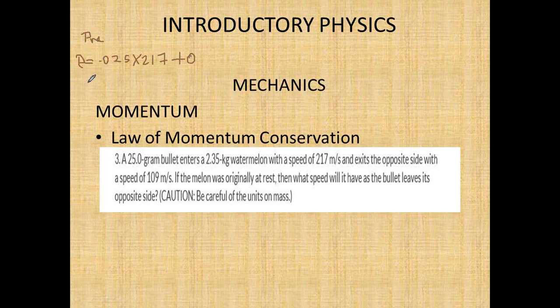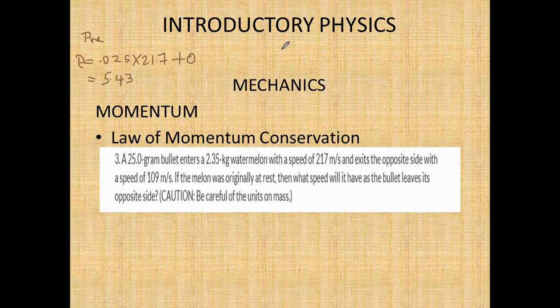So the pre-collision momentum is 0.025 times 217. And when you work that out, you get 5.43. So this is the pre-collision momentum.